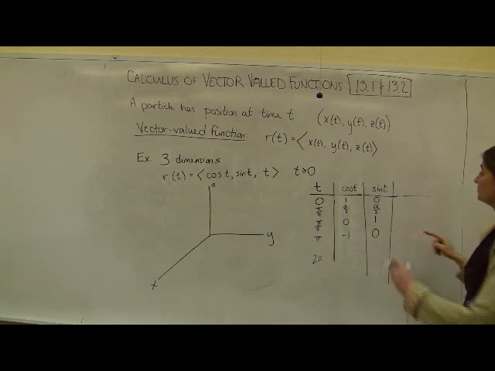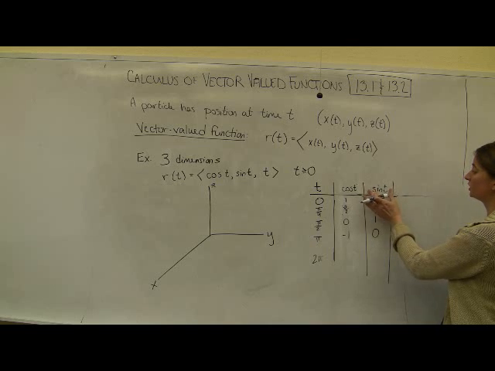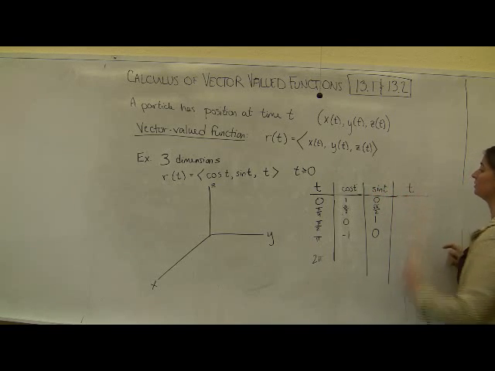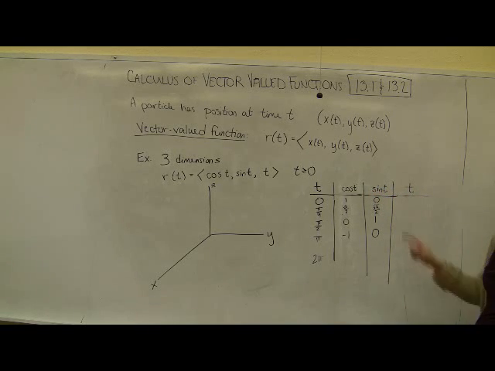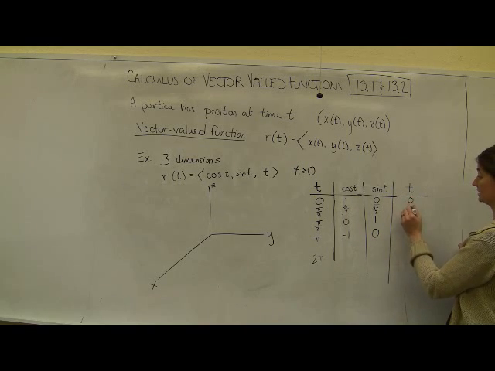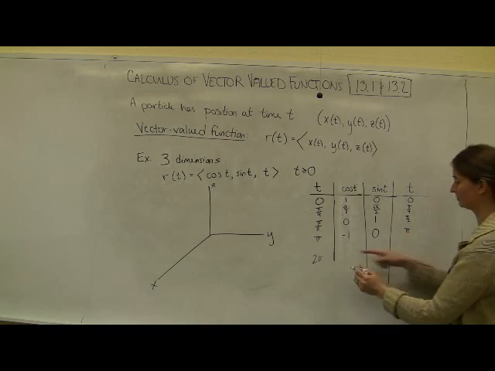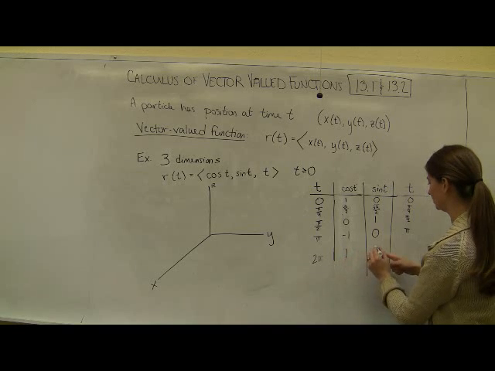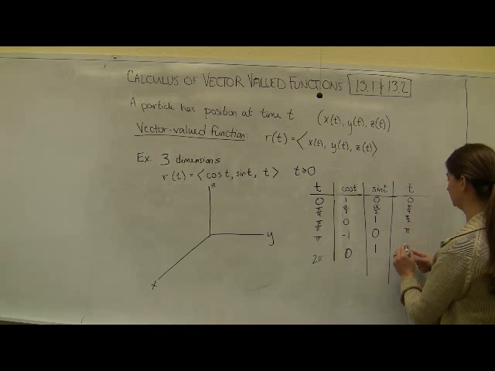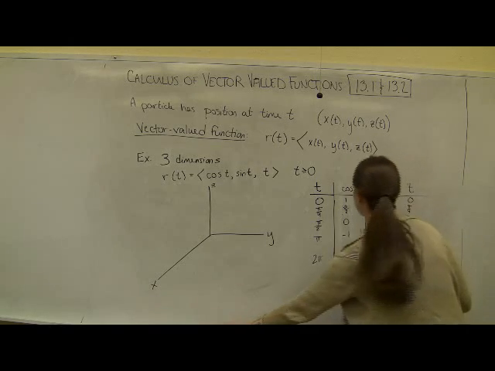So for my t value of 0, we have our x component function, our y component function, our z component function, which in this case is just t. And so that means that it's really easy to know what our z values are going to be in each of these cases. It exactly matches what our input for our t values are. And again, note, maybe I should finish this chart, 0, 1, 0, sorry.